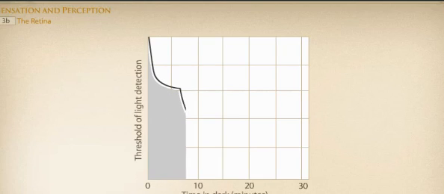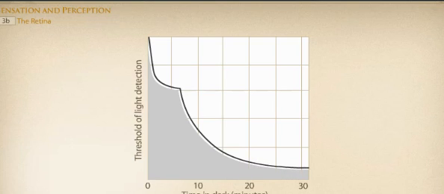So the chart you're about to see maps out the course of dark adaptation. The declining thresholds for light detection indicate that you require less and less light to see, but it takes time to get there. That's why, believe it or not, the highest probability of an auto accident is around dusk, when the light's just starting to go down, because your eyes haven't adapted yet to the low level of light.